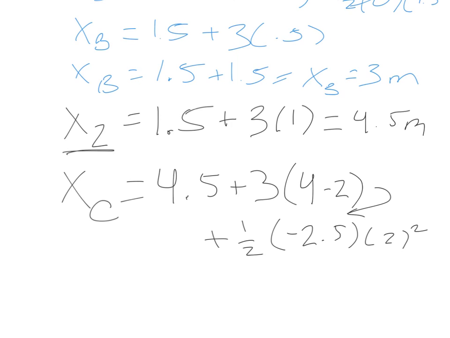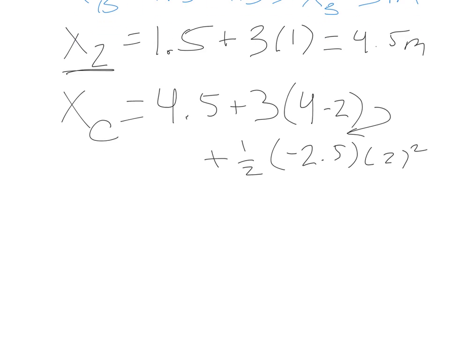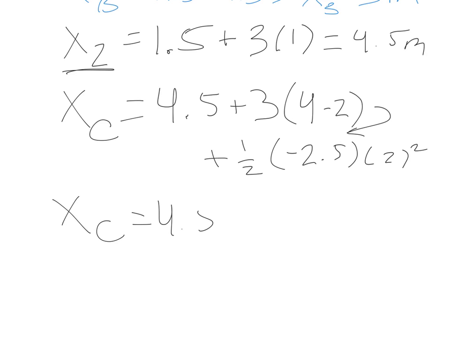And so I like to simplify this up, where we have x of C equals, well, 4.5 is as simple as that's going to get. 3 times 2 is 6. 2 squared is 4. 4 times 2.5 is 10.